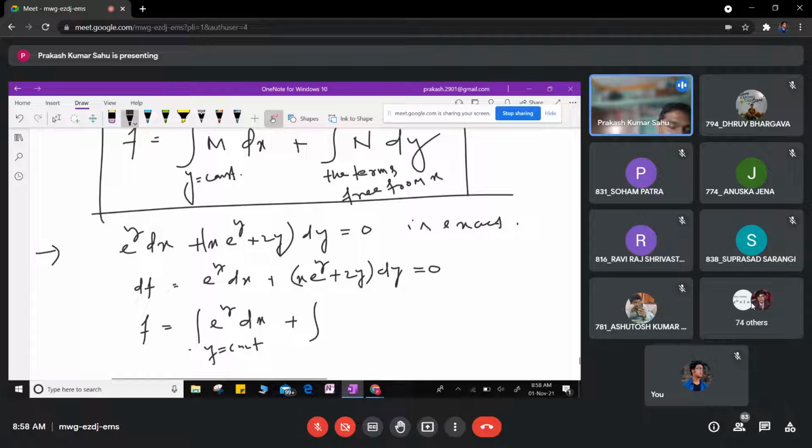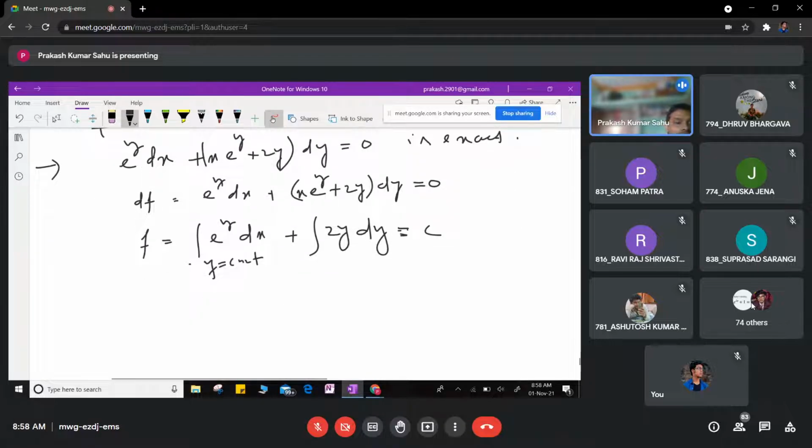That means where the x term is present, we do not take that term. Only the y term. Here, in x into e to the power y plus 2y, the only y term is 2y. The first term, x into e to the power y, contains x, so we do not consider this term. We consider only 2y, so 2y dy is equal to c.